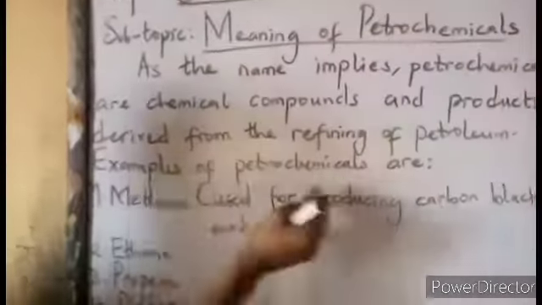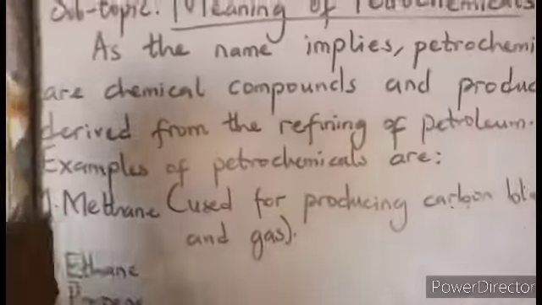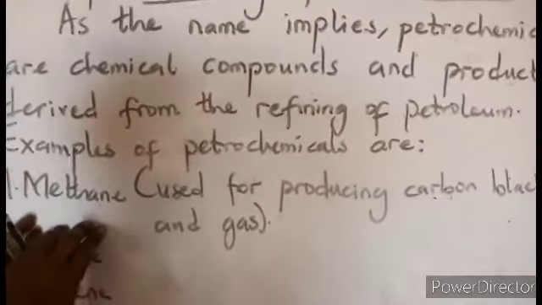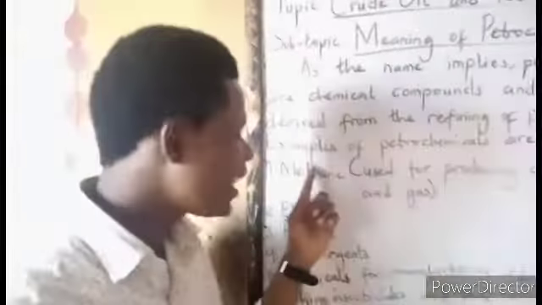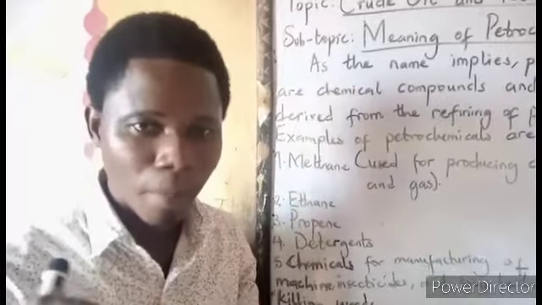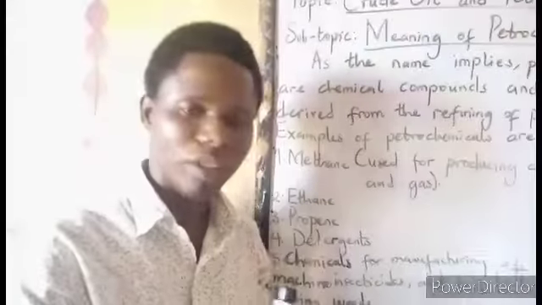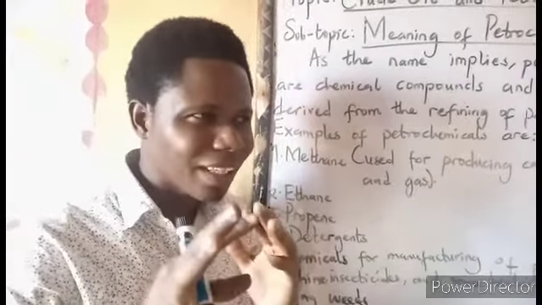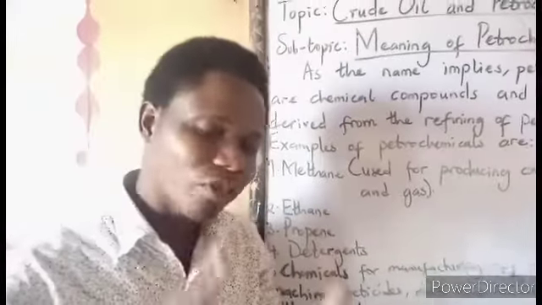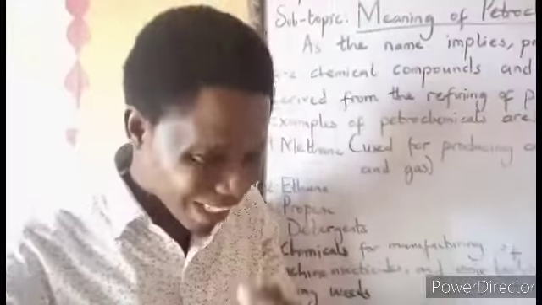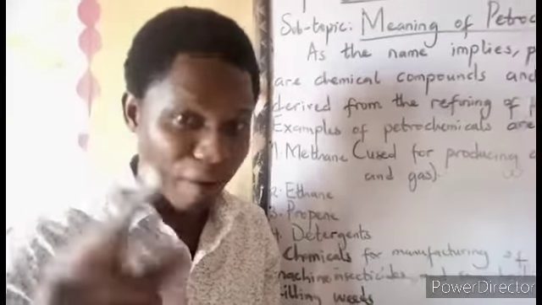Examples of petrochemicals are methane. Methane is a gas that does not have color and does not have smell, but it can burn very well.